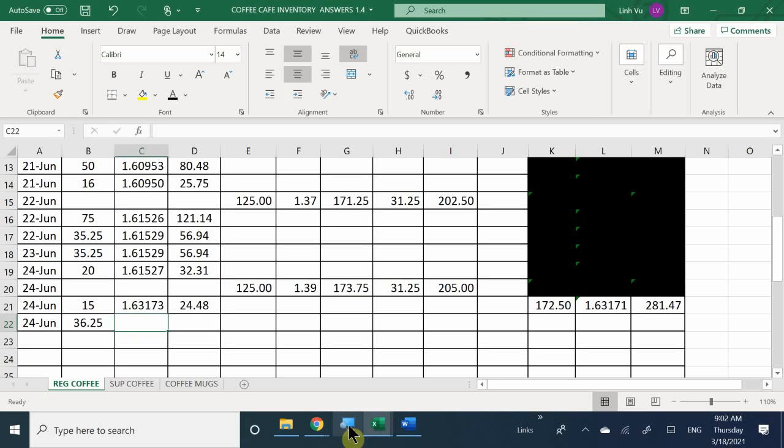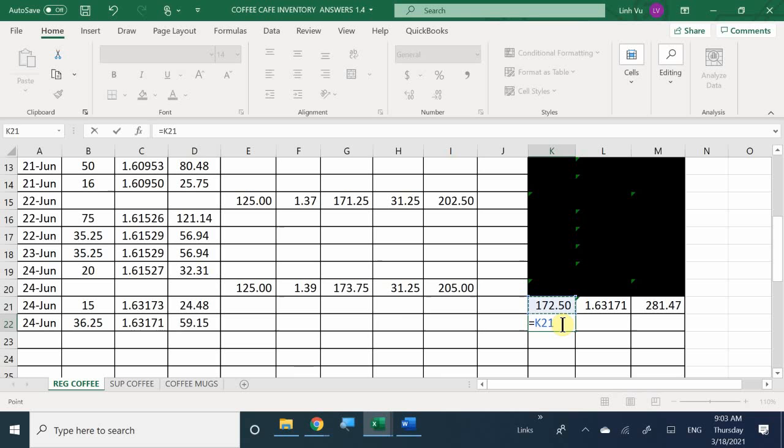Okay, so we used 36 and a quarter pounds of the regular coffee, costing me $1.63175. So what's my grand total here of my cost of goods sold? $59.15. Yes, $59.15. So let's update our inventory real quick.